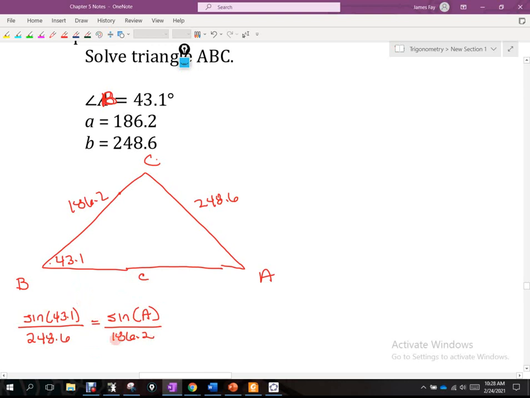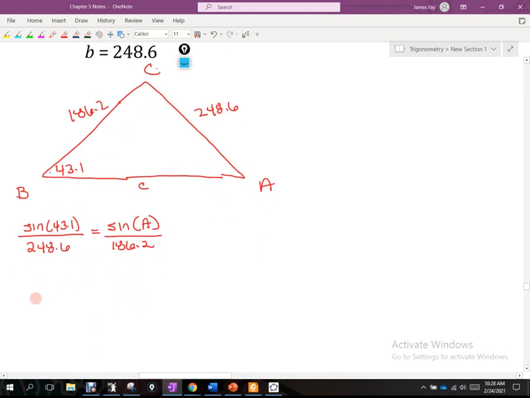Now we're going to work on our algebra. When I cross multiply, we get 248.6 sine of A equals 186.2 sine of 43.1.